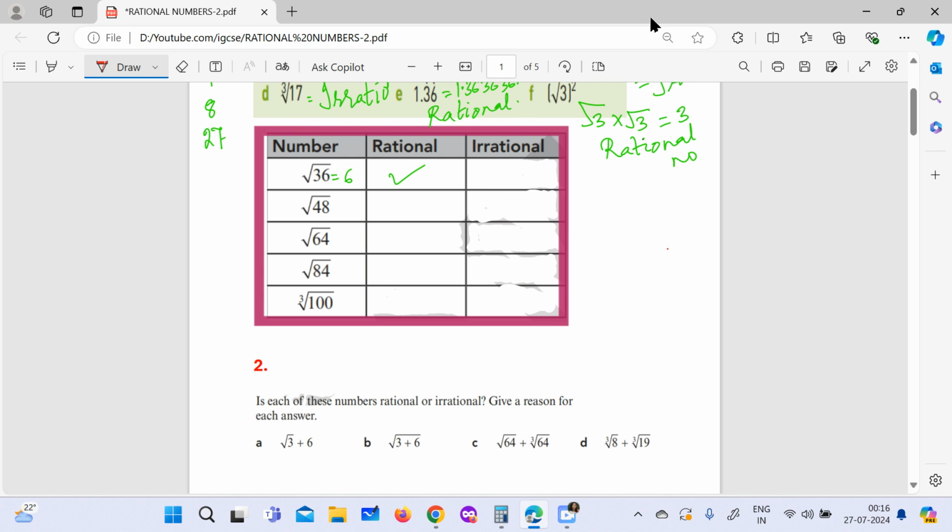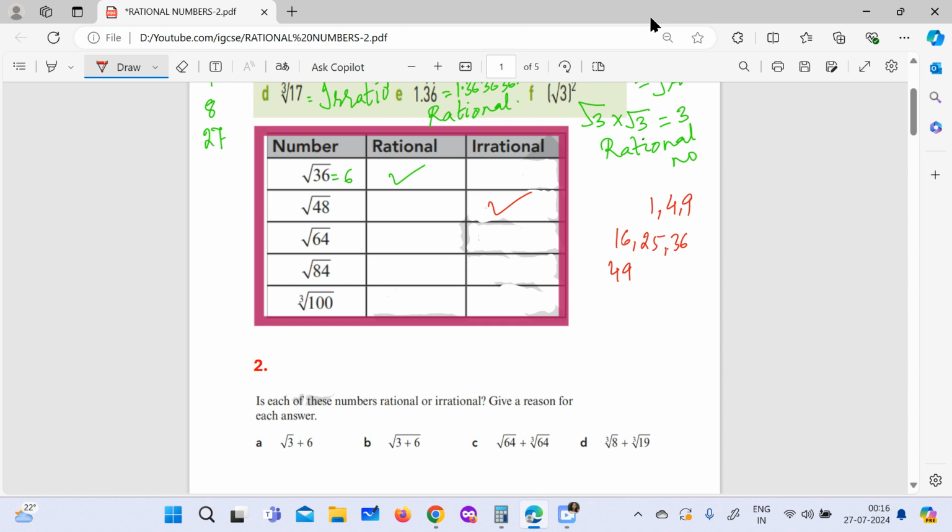What are your square numbers? 1, 4, 9, 16, 25, 36, 49. So square root of 48 is not a square number. We will not get any whole number answer for this, and this is an irrational number.